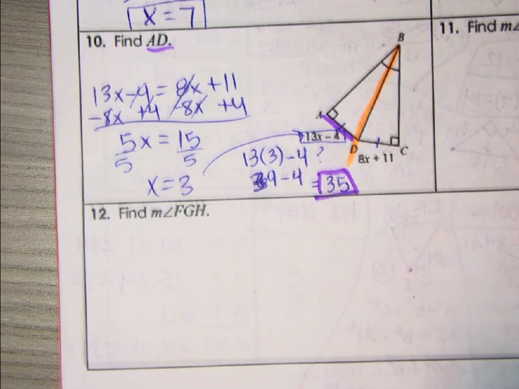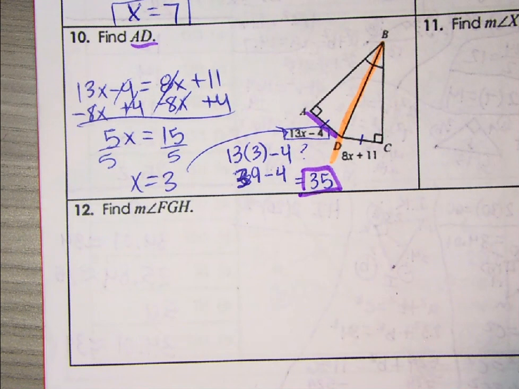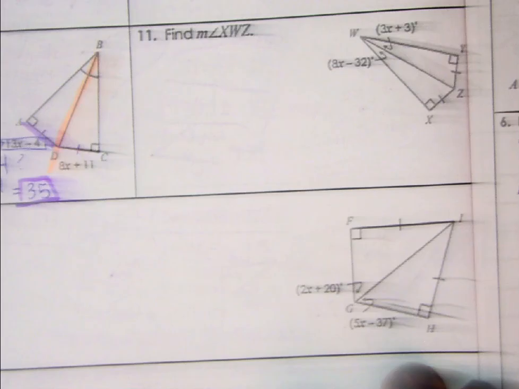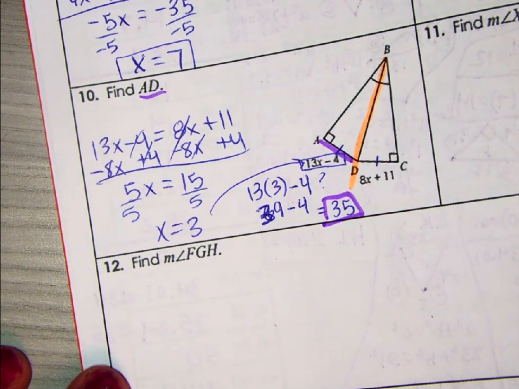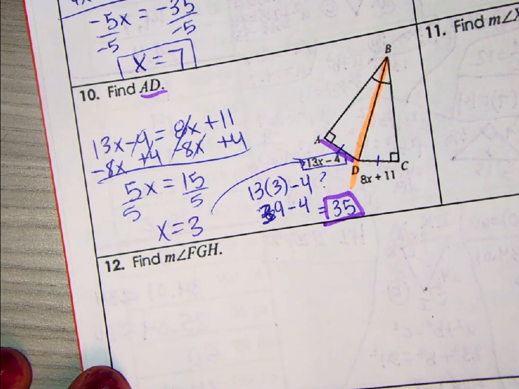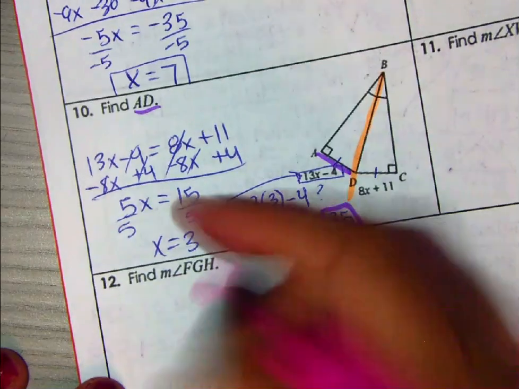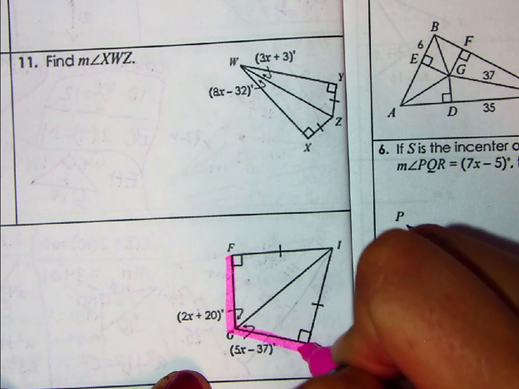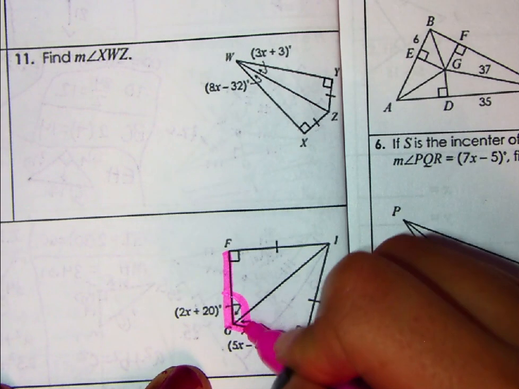Number 12 is asking for this analysis and to find the measure of angle FGH. So let me color coordinate that so you can see what FGH is. FGH, it's asking for this whole angle, all of this together.